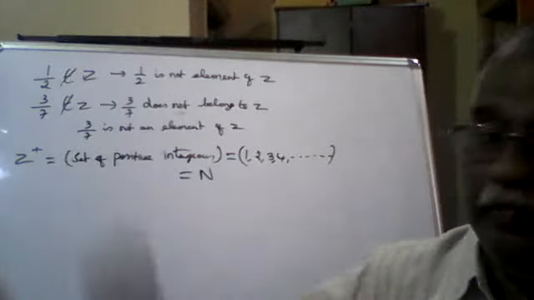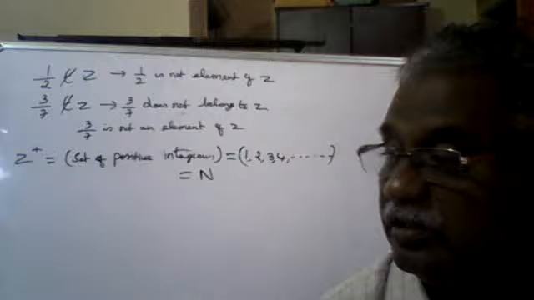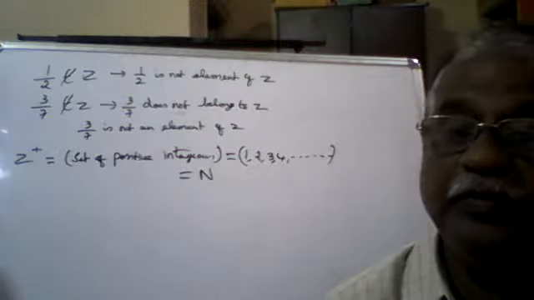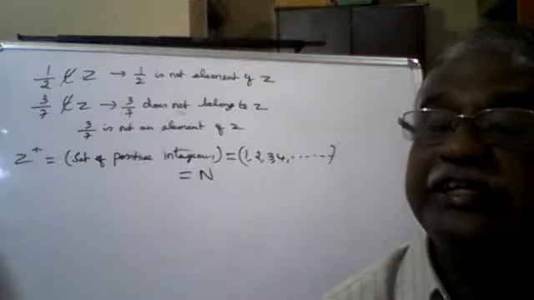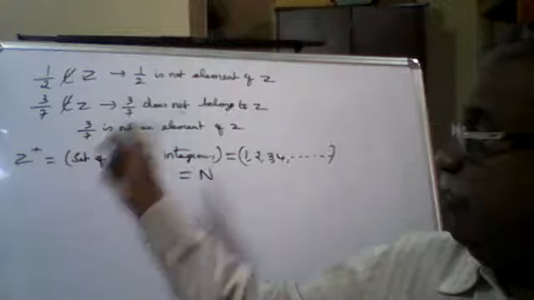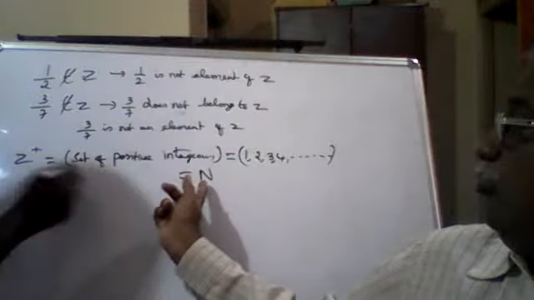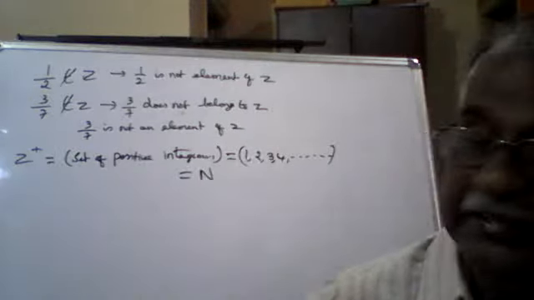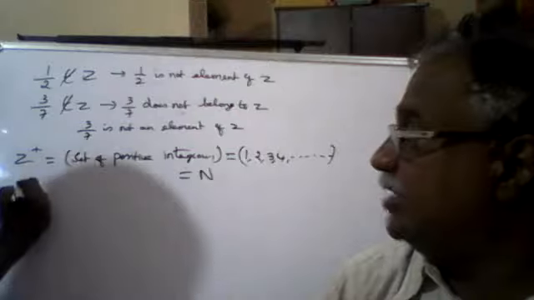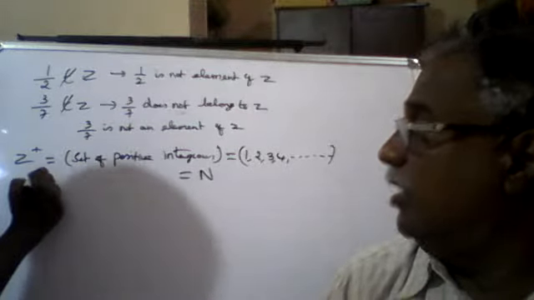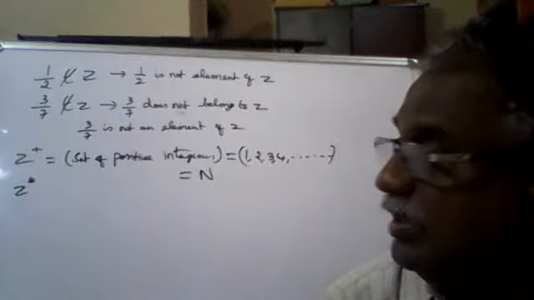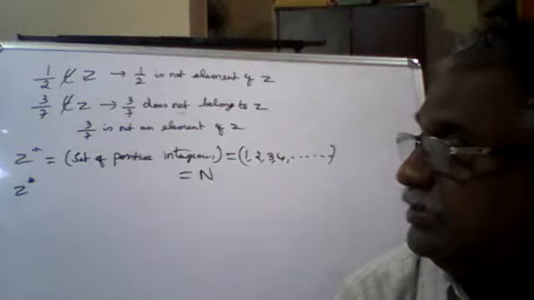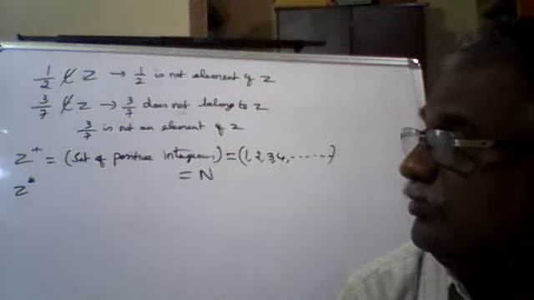So Z plus, I think you're able to see, no problem. Z plus is called the set of positive integers, and it is also called the natural numbers N. And Z star, put a Z and a star on the top. Z star is called the set of whole numbers.